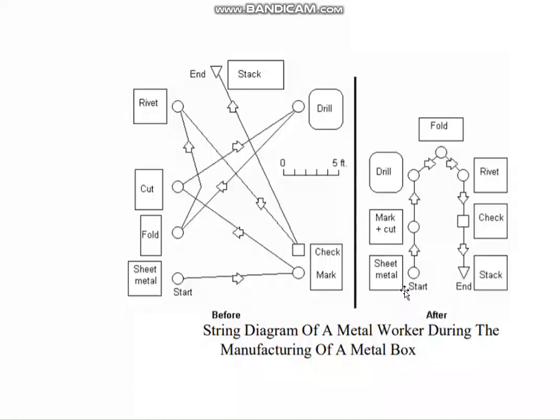First, this is a store where the sheet metal is taken, start here, and the marking and cutting can be placed together here, and from there drilling, then folding, and then riveting and inspection, and then again back to stacking or storing. This way you will be using less string, and thereby you will be saving time.